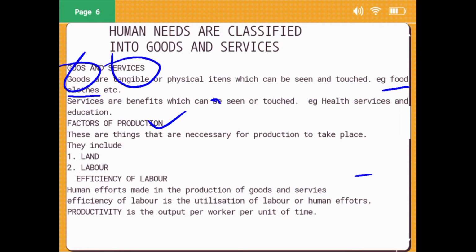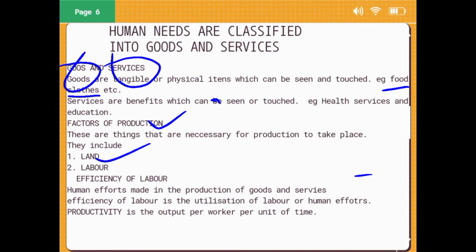So let's start by discussing land. Land as a factor of production. What is land? When we talk about land as a factor of production, we're talking about all the natural resources found on earth, the resources made available by nature, which are only found on earth. We refer to that as what? Land.